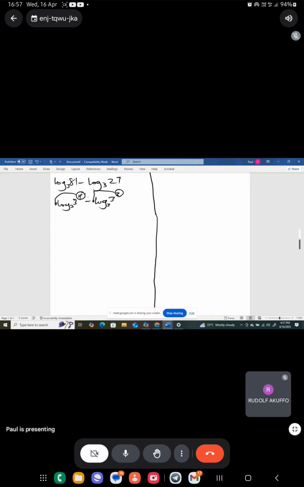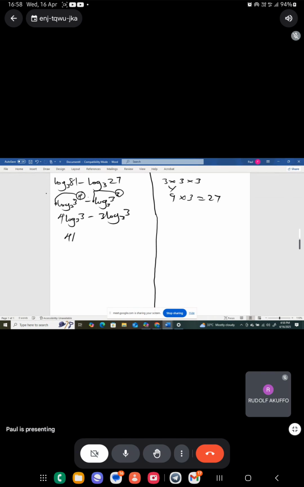You know that 3 to the power 3 is 27, 3 times 3 times 3. So we get 4 log 3 base 3 minus 3 log 3 base 3.